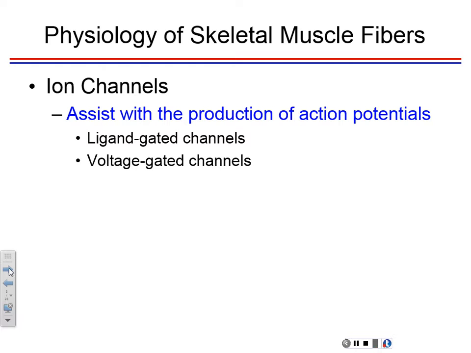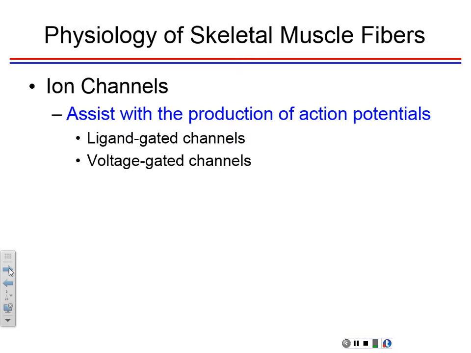So there are some channels that are gated by voltage. Those are voltage gated channels. It means at a certain voltage, that ion channel will either close or open. So at minus 70, when the cell is at rest, these voltage gated channels are what? Closed, because that's the voltage with which they're closed, and it's resting.